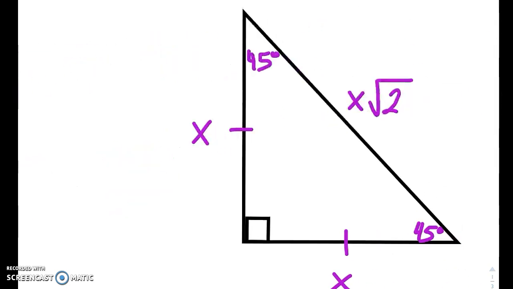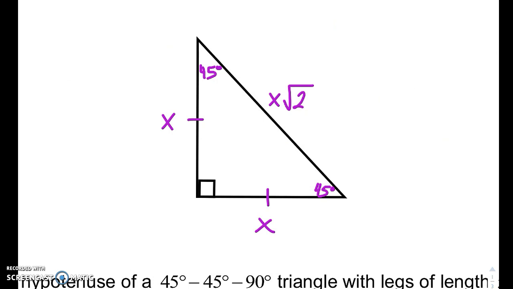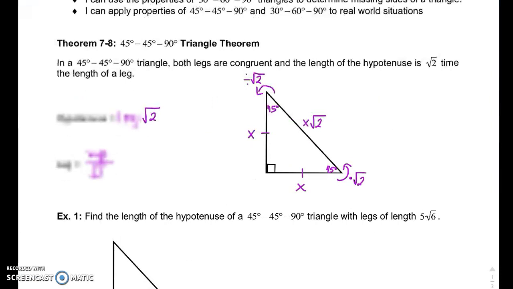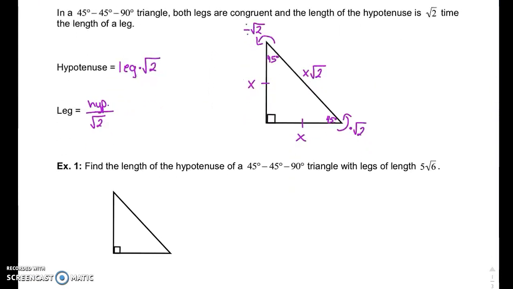So I like to draw little arrows on my triangle. Going forwards, we multiply by radical 2. Going backwards, we divide by radical 2. Alright, find the length of the hypotenuse of a 45-45-90 triangle with legs of length 5 radical 6.